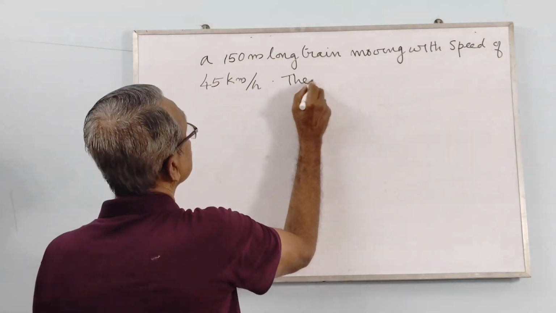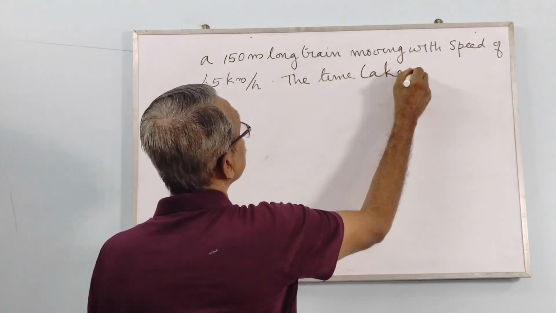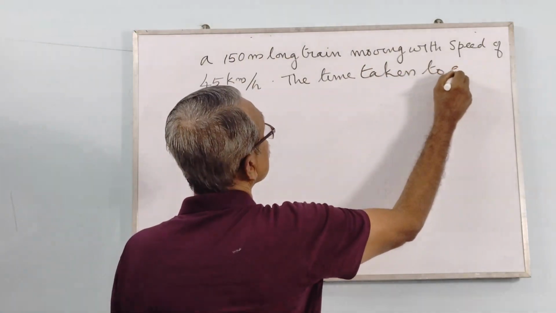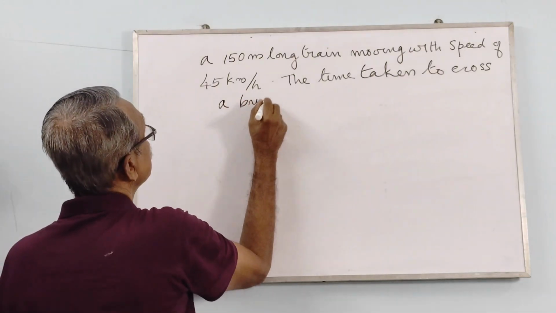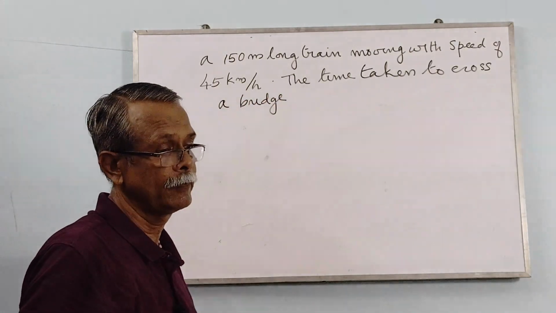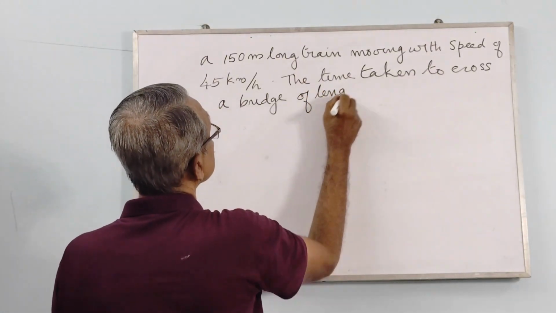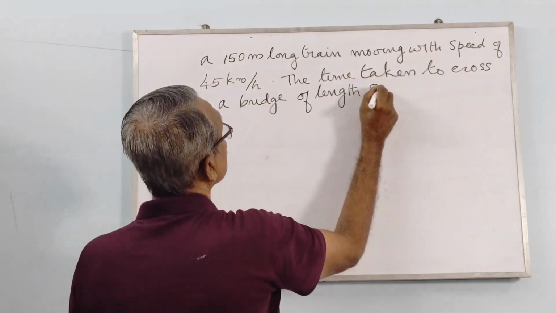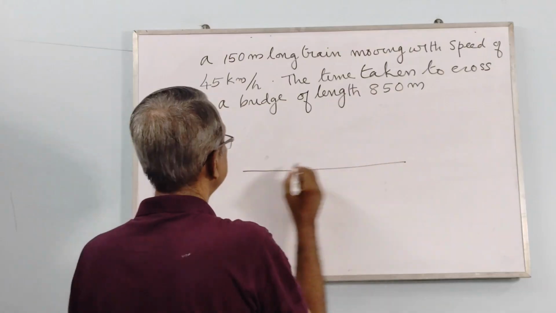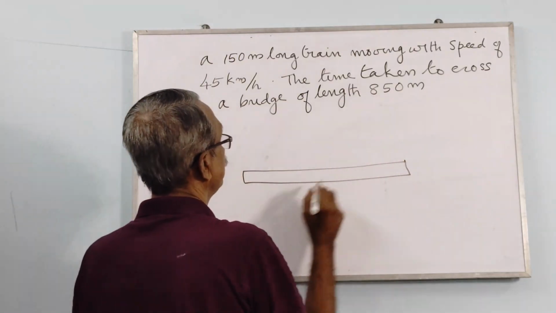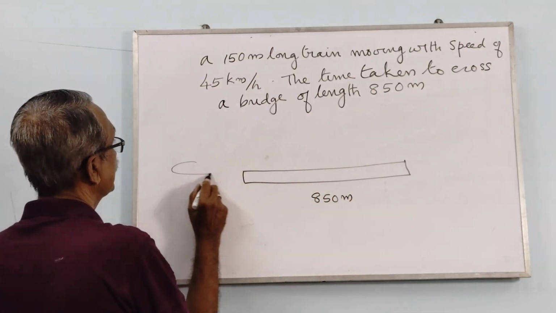The time taken to cross a bridge of length 850 meter. So this is your bridge, this is 850 meter, and this is your train.